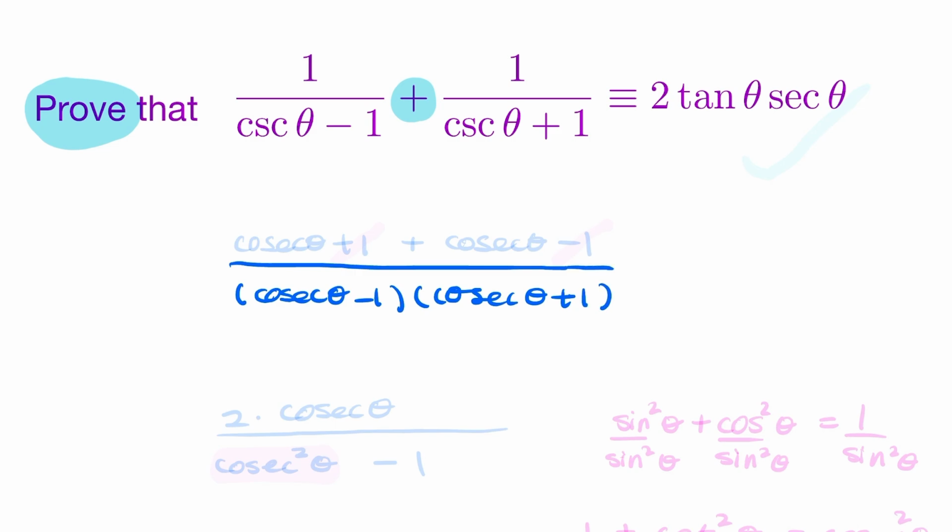And in the numerator, we'll have cosecant theta plus 1 plus cosecant theta minus 1. So I've simply taken a common denominator and then added.